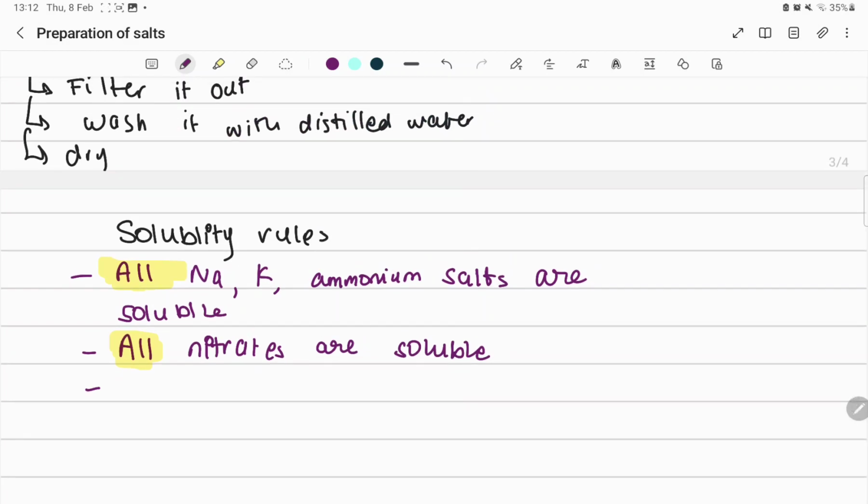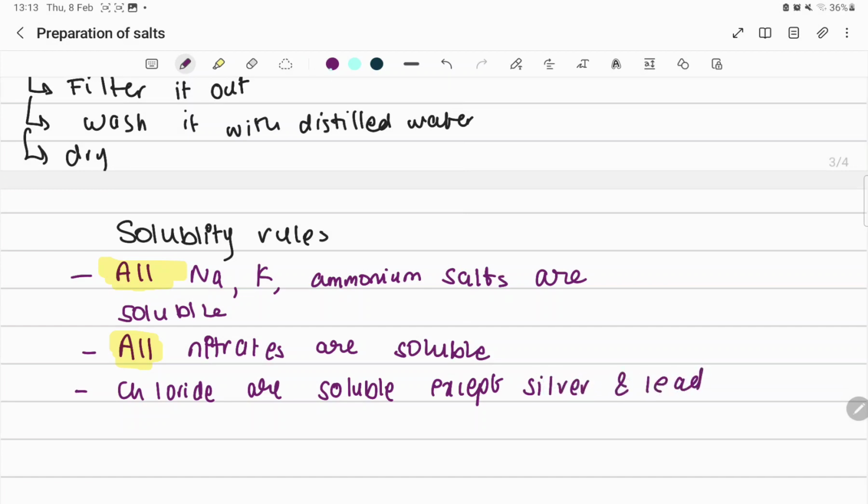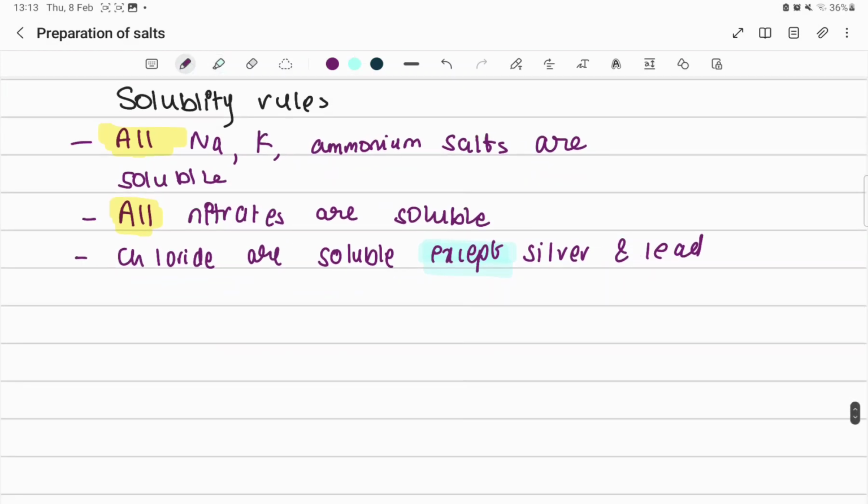Chlorides are usually soluble, so most chlorides are soluble, except silver and lead. So, except silver and lead, chlorides are soluble, so you need to know silver chloride is insoluble, lead chloride is insoluble. Same thing with sulfates.